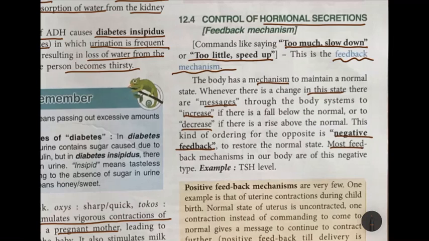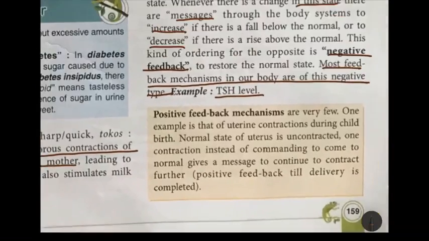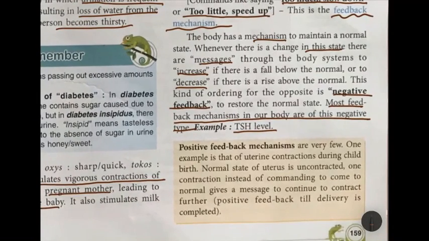So most feedback mechanisms in our body are of this negative type, like for example, thyroid stimulating hormone level. Now sometimes positive feedback mechanisms are also there, though of course very few. One example is that of uterine contractions during childbirth.